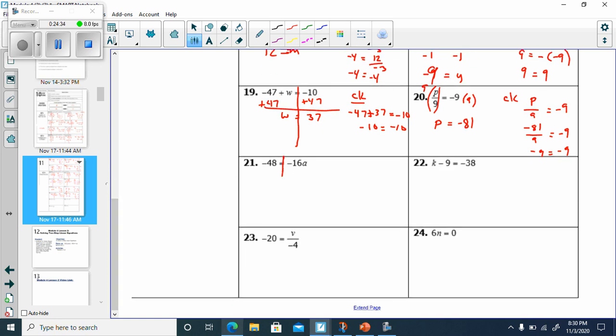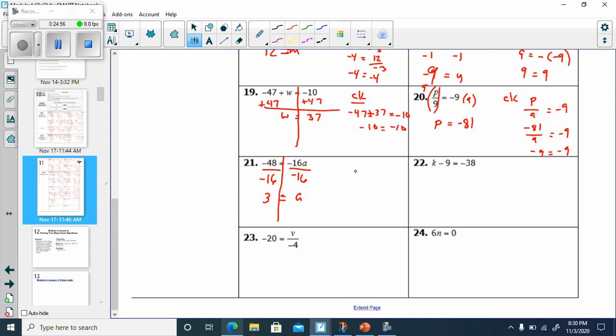On number 21, negative 48 is equal to negative 16a. 16 times a, that means you're multiplying by 16. The opposite of multiplying is to divide by negative 16. You got a there. If I divide by 16, that would be 3 times, right?